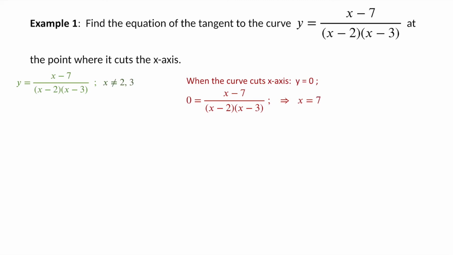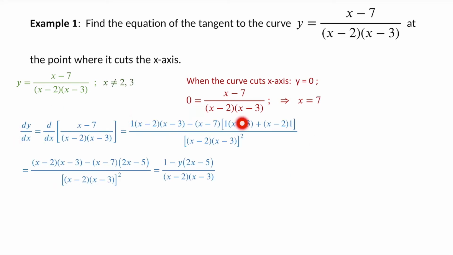So we need to do a little bit of calculation there, a little bit of algebra. So dy by dx, we simply take the derivative of both the sides with respect to x, and we use our usual formula for the derivative of a rational function which has a numerator and denominator.